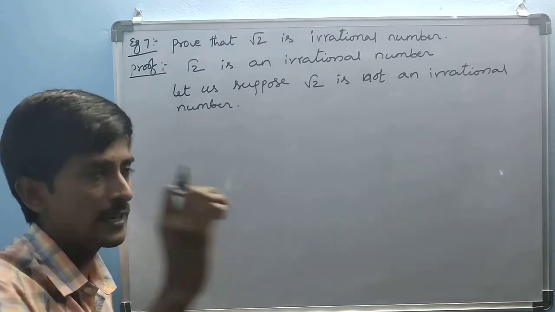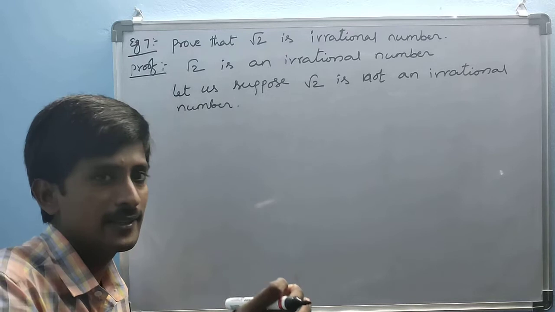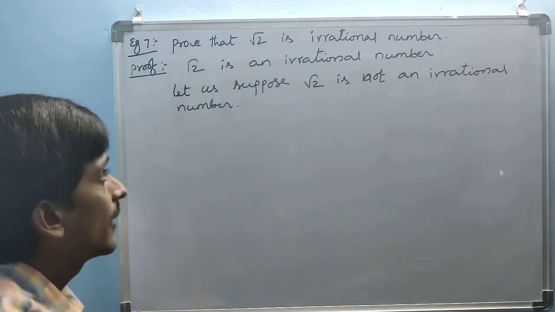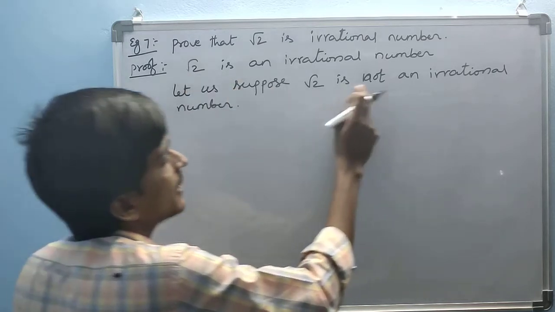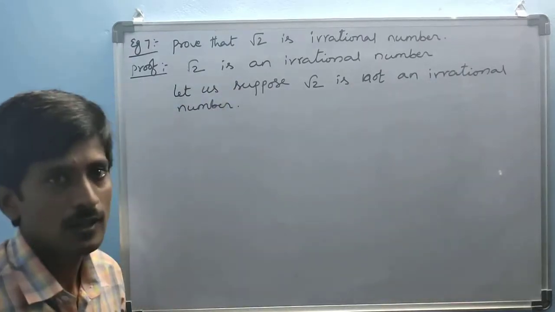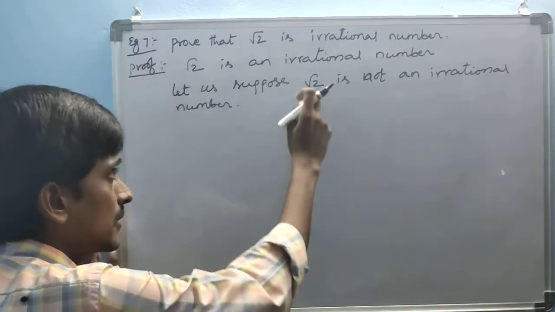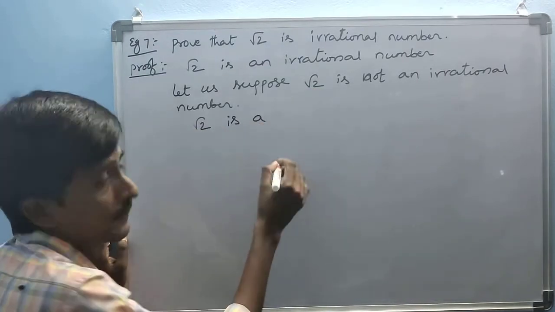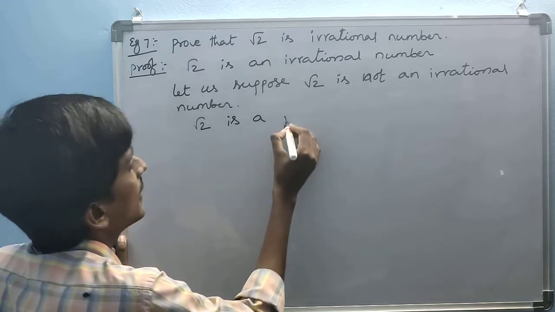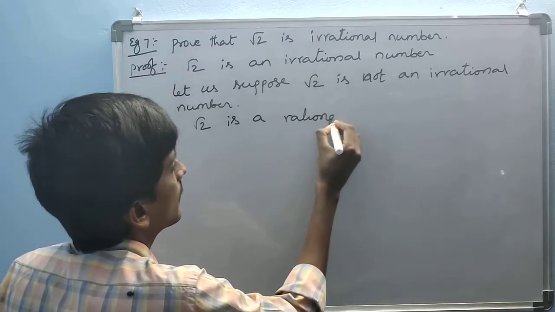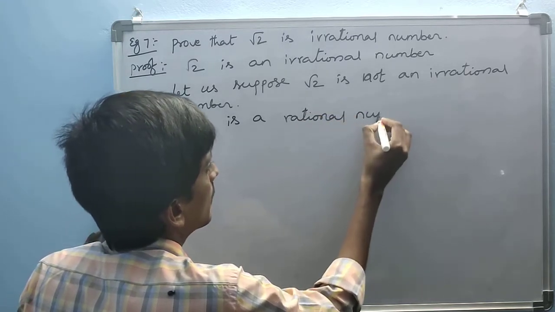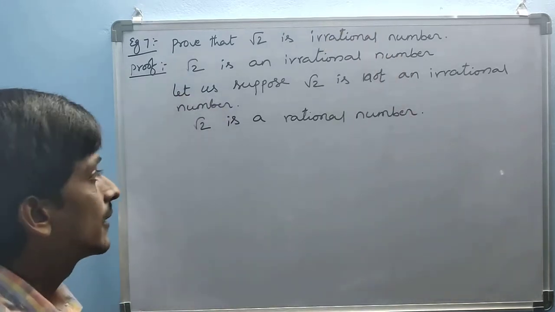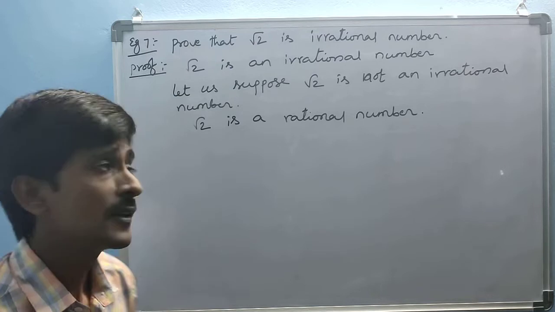For example, if a number is given, it is either rational or irrational only. I said root 2 is not an irrational number, so root 2 must be a rational number. Root 2 is a rational number.